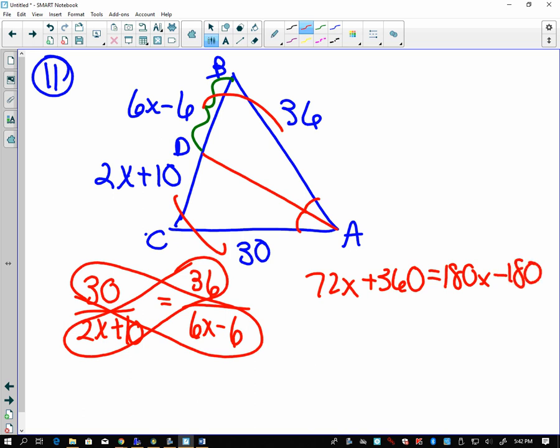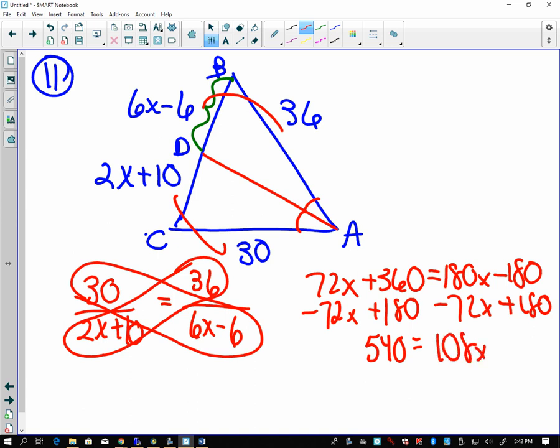We want to solve for x. So let's subtract 72x and let's add 180 to both sides there. 360 plus 180 gives me 540, and 180x minus 72x is 108x. 540 divided by 108, I get x equals 5, but I'm not done.